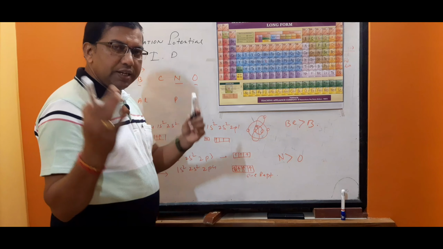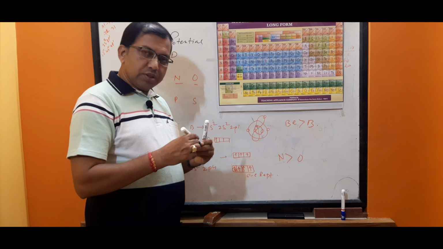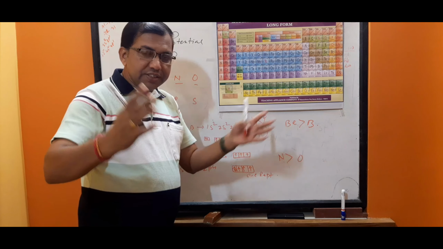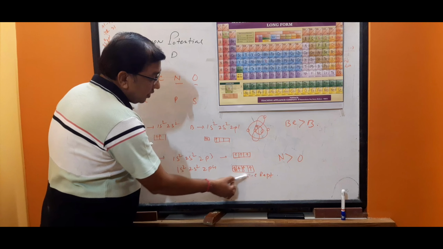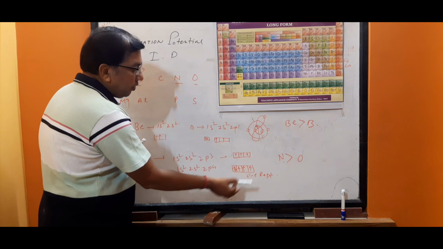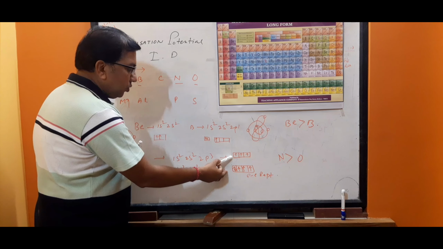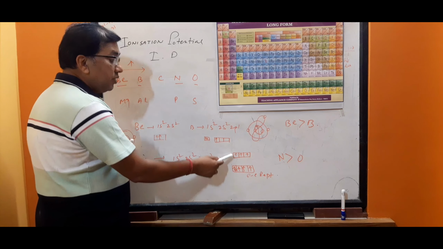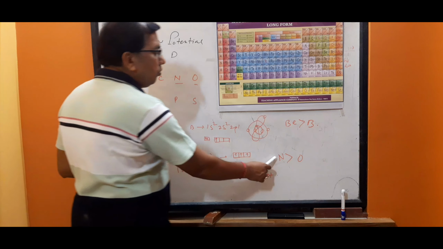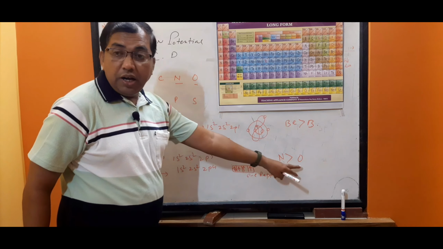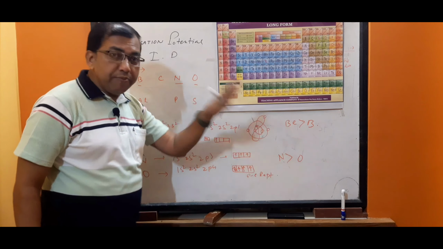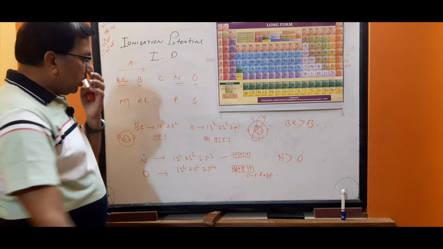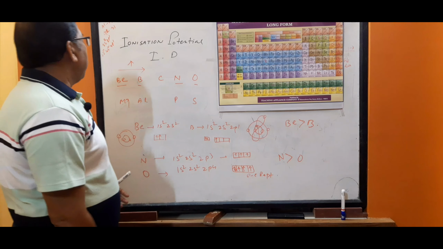Electrons are negatively charged, and the two extra electrons cause more negative electron repulsion, and also the half-filled configuration is stable. So oxygen's IP will be lesser and nitrogen's will be greater. The IP of nitrogen is greater than the IP of oxygen, which is the reverse. This is also an exception. Very important, this will come in competitive exams.